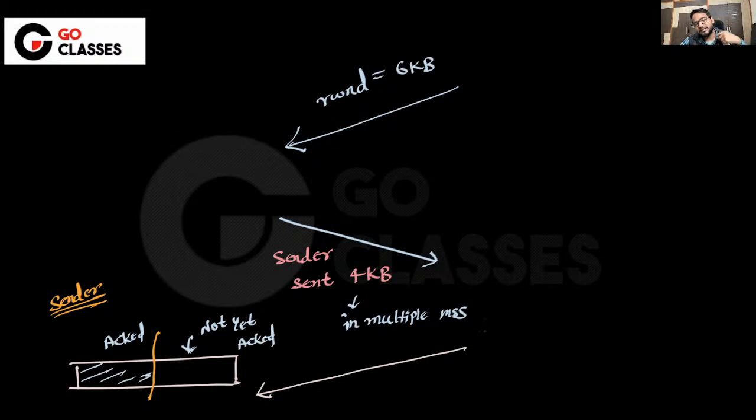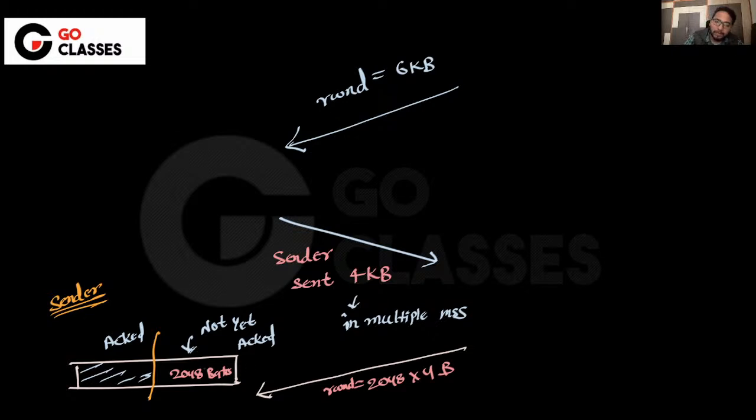Now, since the receiver is going to send the acknowledgement, at that time the receiver will again tell the receiving window size. Let's suppose the receiver is again saying 2048 into 4 bytes, whatever.